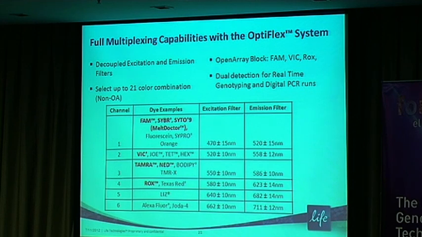Now, that's FAM and VIC, but what about researchers that are looking at longer wavelength dyes? Are you sacrificing anything by not having that halogen bulb? And the answer is no. This system is a multiplexing system. It can interrogate dyes at short wavelength, 480 nanometers, all the way up to 630, 700 nanometers.